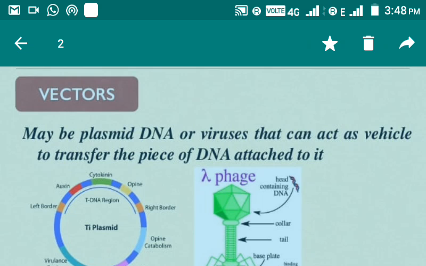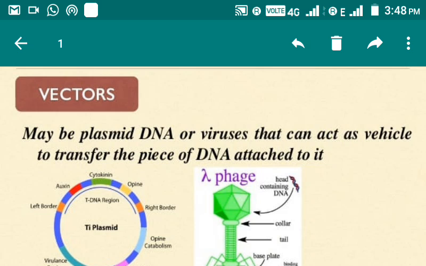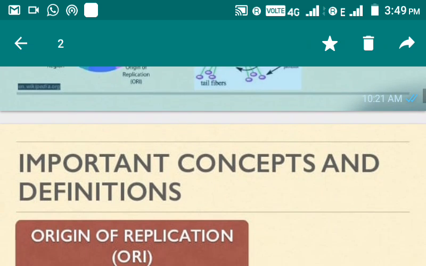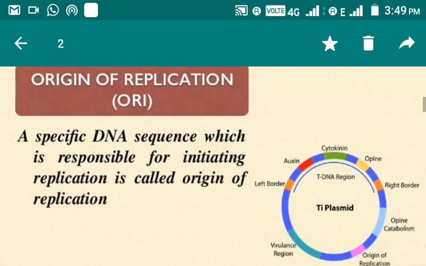Basically, examples of vectors are plasmid and phage. So vector means any vehicle that transfers DNA from one organism to another organism, and the examples of vectors are Ti plasmid and phage. So these two are the important tools.